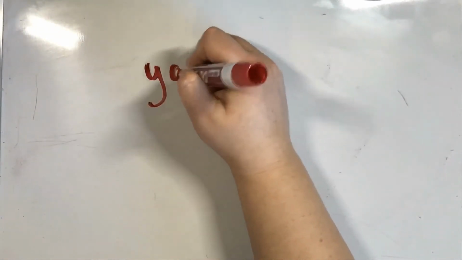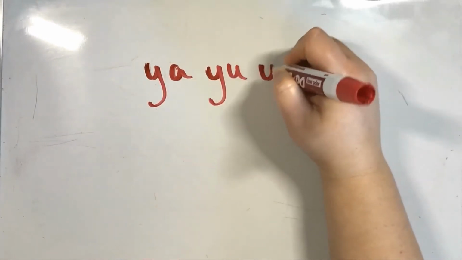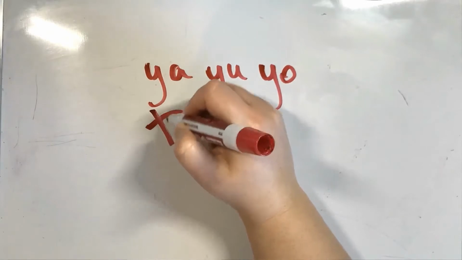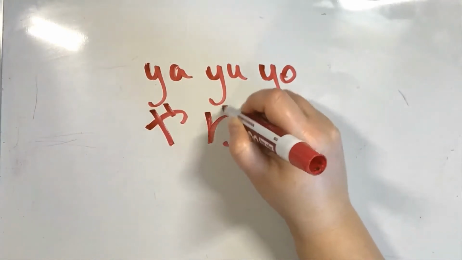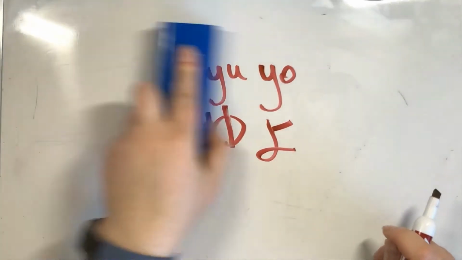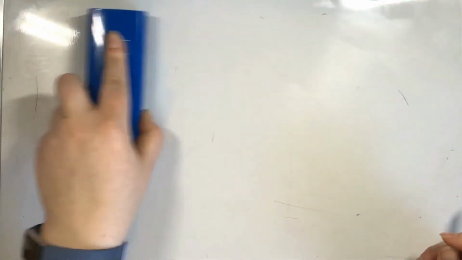Next that we're going to learn are the three Y characters. So ya, yu, and yo. So a reminder of those. Ya, yu, and yo. So, ya is actually similar.